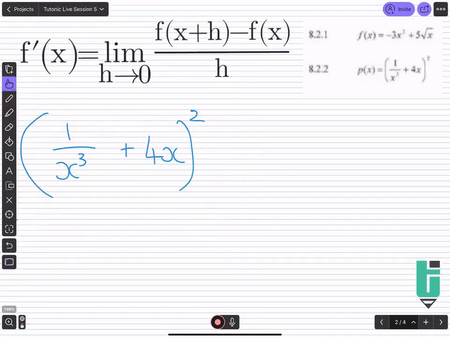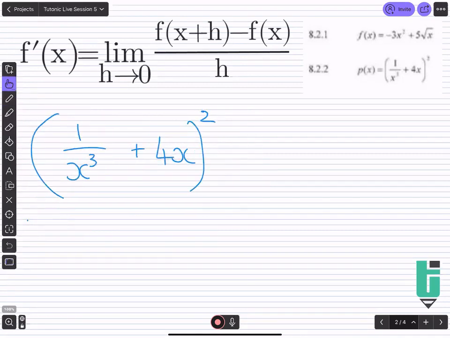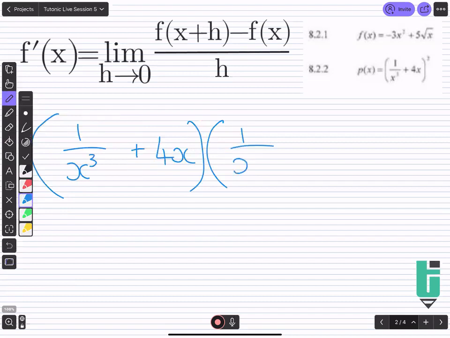Okay. So what are we gonna do? Zay, you want to give it a go? The FOIL method. Yeah. So how do you do the FOIL method first? It's gonna be that bracket, just another one next to it. Right. So 1 over x cubed.